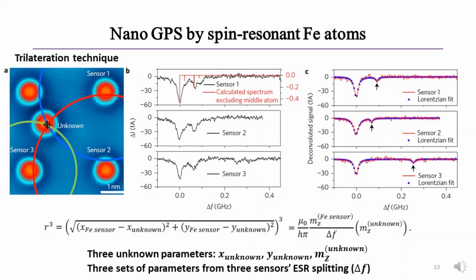We put these parameters into the equation, and then we can calculate x unknown, y unknown, and the magnetic moment of the target atom. The author also reports that the resolution is better than 0.1 nanometer for the location, and better than 0.1 Bohr magneton for the calculated magnetic moment in this Nano GPS technique.